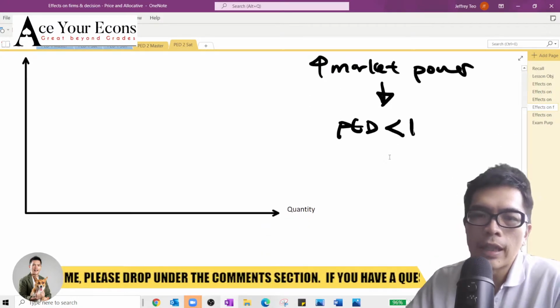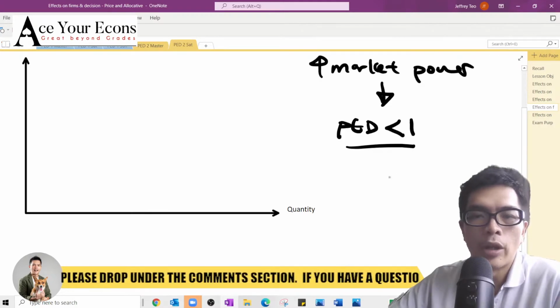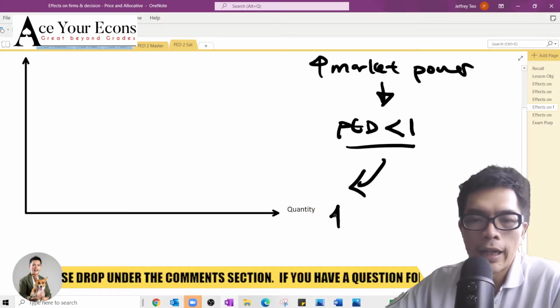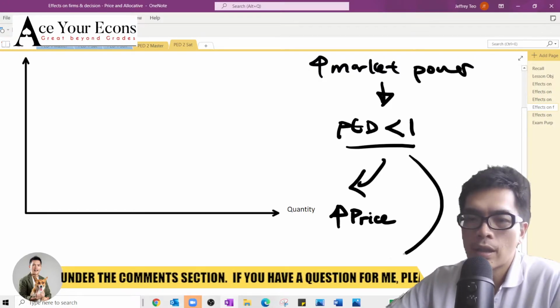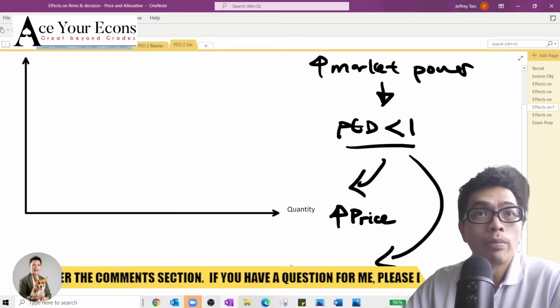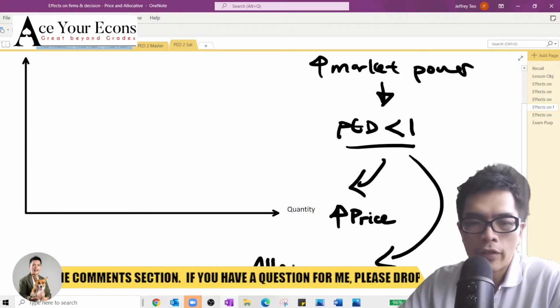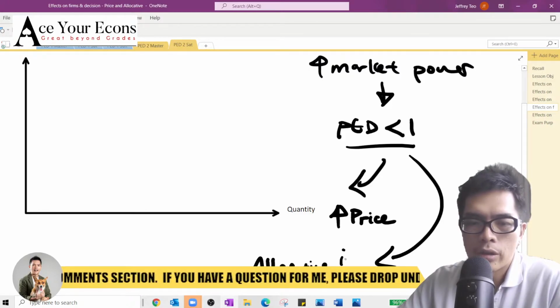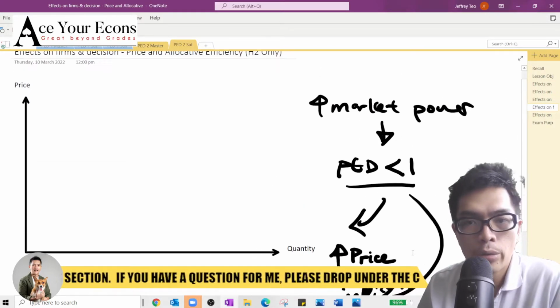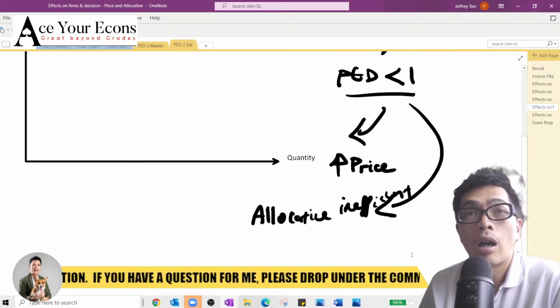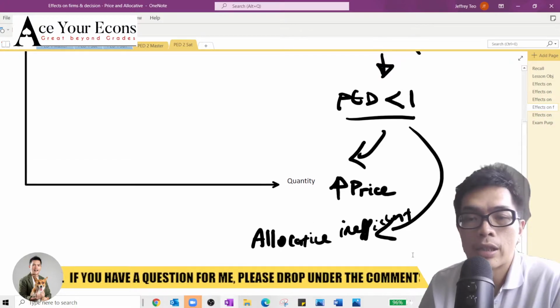And we can see that when your PED is sufficiently more inelastic, it has a higher pricing decision. It can charge a higher price, and it is going to be more allocatively inefficient. So all these I will show you when we are covering firms and decision.